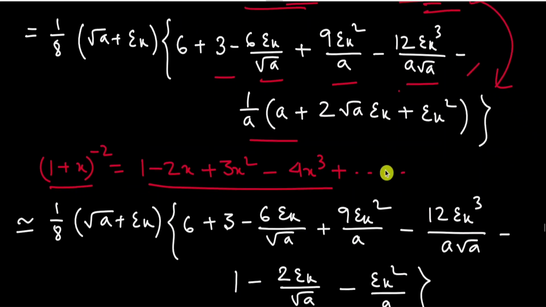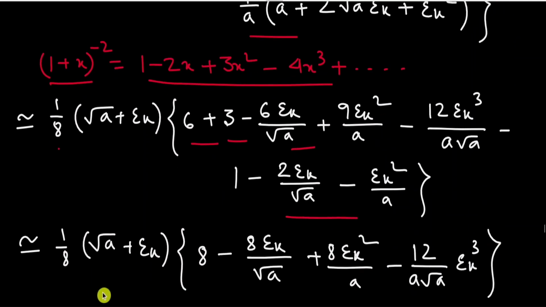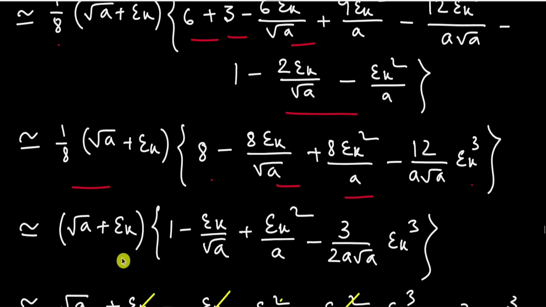So this is nearly equal to 1 by 8 into (root a plus epsilon k) into (6 plus 3 minus 6 epsilon k by root a), and this gives a simple calculation. This is nearly equal to 1 by 8 (root a plus epsilon k) into (8 plus 8 epsilon k by root a plus 8 epsilon k square by a minus 12 by a root a epsilon k cube). So this is nearly equal to (root a plus epsilon k), with 8 taken common from this bracket and cancelled.